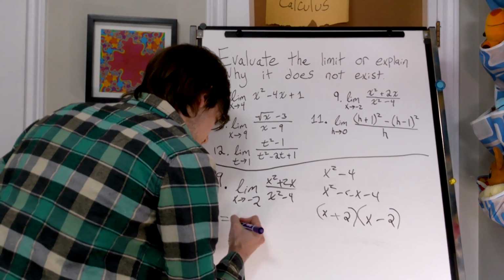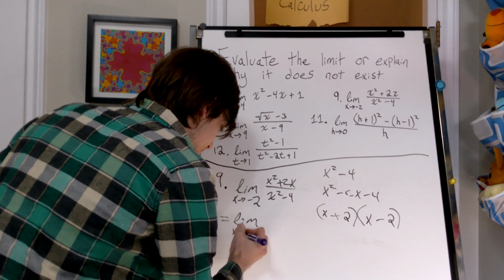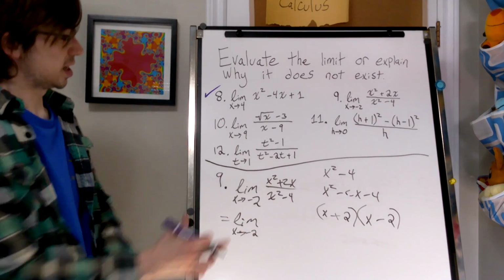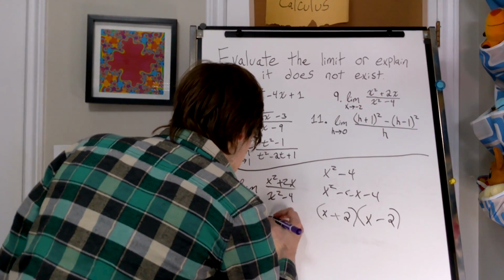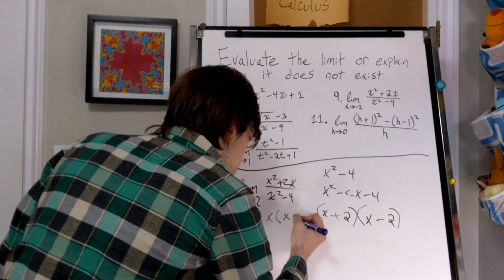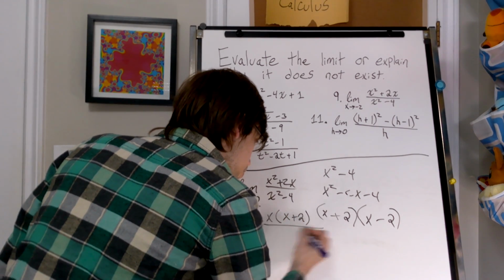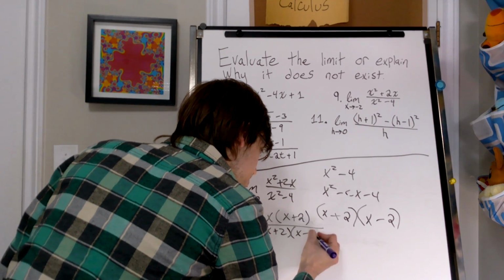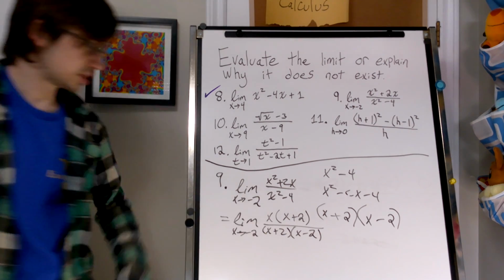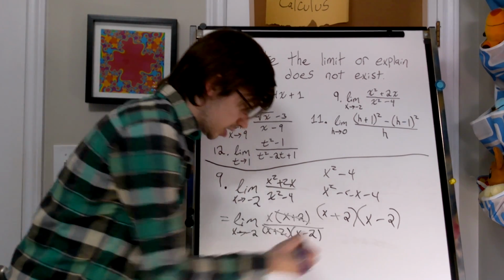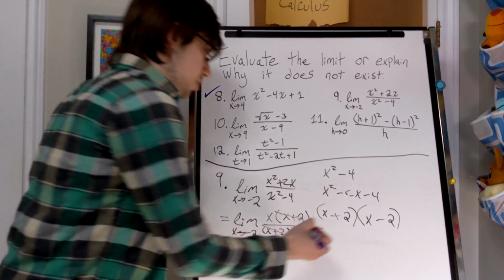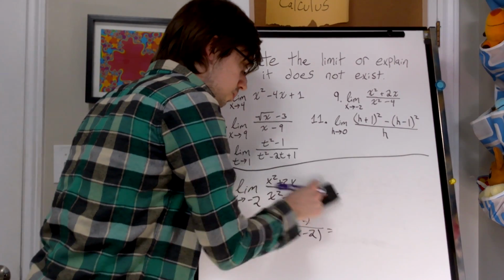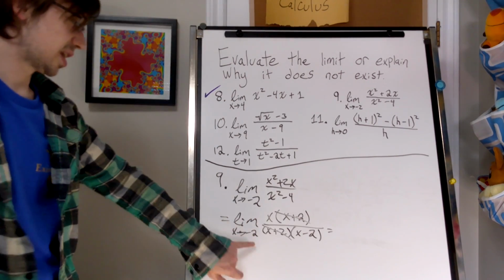So we can write the limit as x approaches negative 2 of, and we can also take an x out of this top term and say x, x plus 2 over x plus 2 times x minus 2. We can now see that this term here and this term here cancel. And now we can plug, get an eraser here. Now we can plug the negative 2 in.